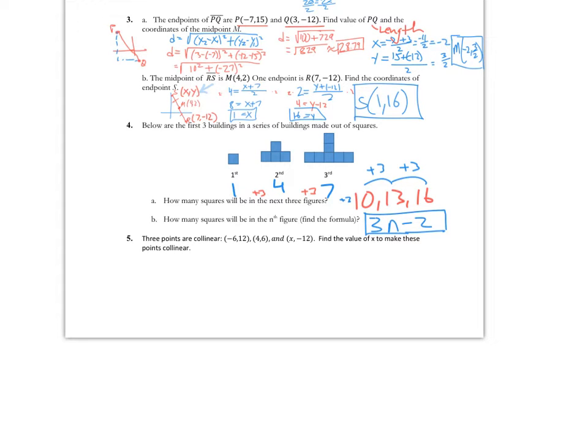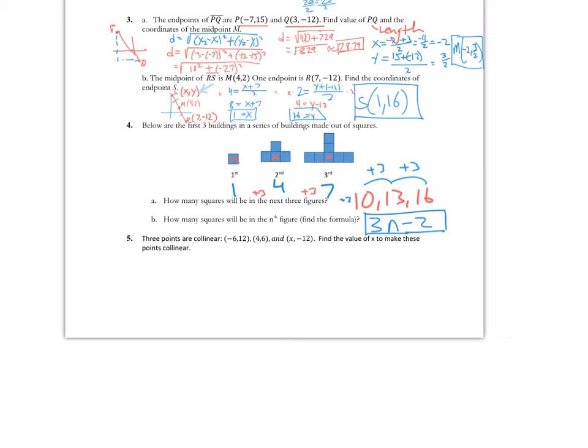Now, another way to see this would be, we might look at this and say, you know what? I see a center piece on each of these. And here we've got these legs around the side. This is a leg of 1. There's 3 legs, and there's 1 apiece. Here there's 3 legs, and there's 2 apiece. Next one's going to have 3 legs, and it's 3 apiece.